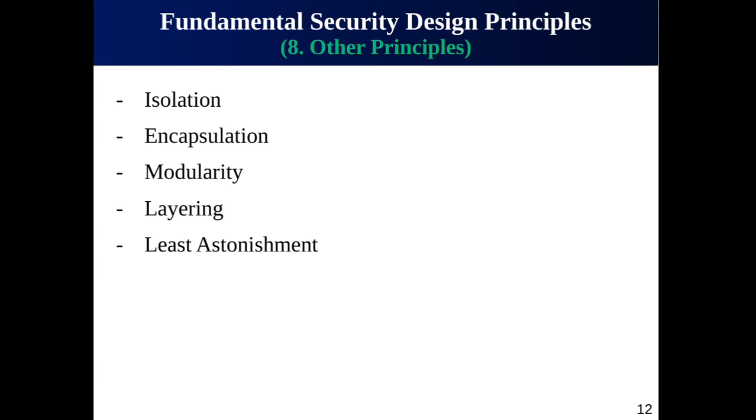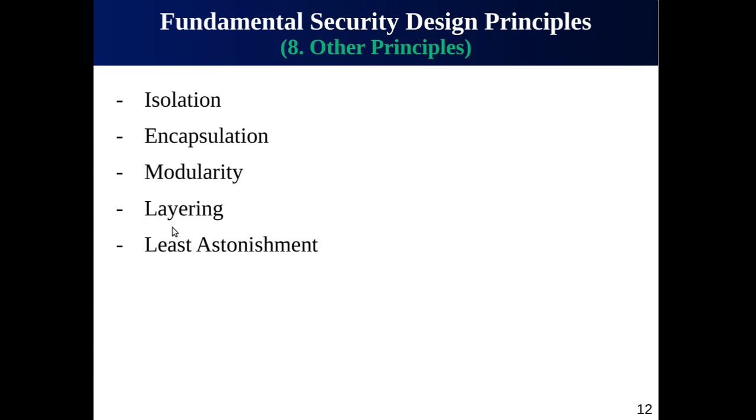What is important is the modularity and layering. And layering is much more important, which refers to the use of multiple overlapping protection approaches, addressing the people, the technology, and the operational aspects of the information systems. And also we have the least astonishment, which means the program, or you can say the user interface, should always respond in the way that is least likely to astonish the user.